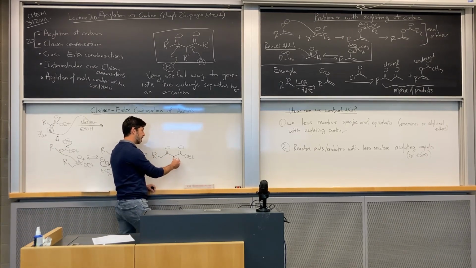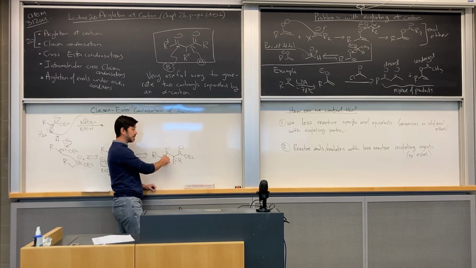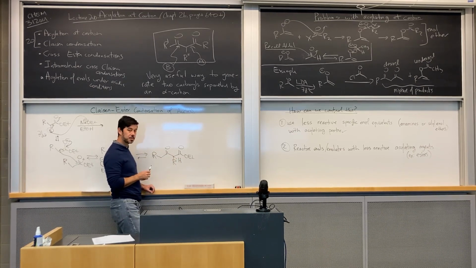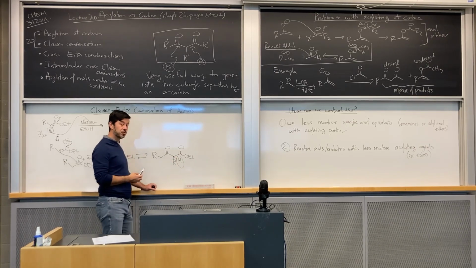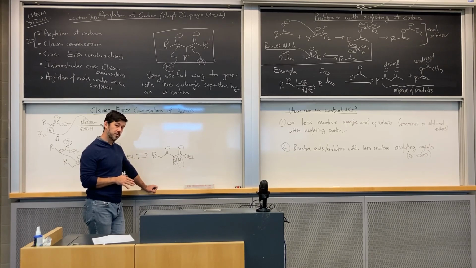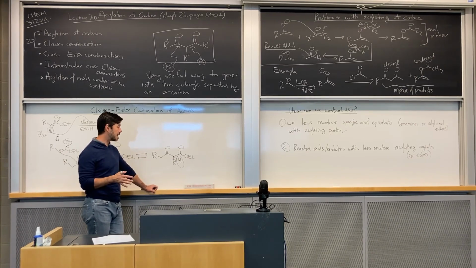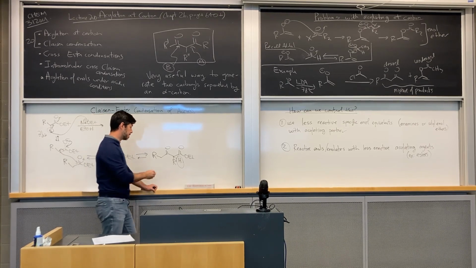And remember, we have an alpha proton here that's between two carbonyl groups. Recall that the pKa of protons that are between two carbonyl groups significantly lowers, roughly between 11 and 12. So now we have a very acidic proton, much more acidic, and we have ethoxide.